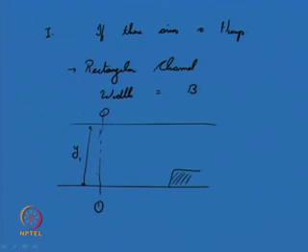A hump is situated somewhere here downstream, not that far, and let us consider a cross section at this location. What happens to your flow? This was the depth of flow. Now, you may see that there will be some change in the flow pattern. Initially, let us consider subcritical flow at section 1,1.